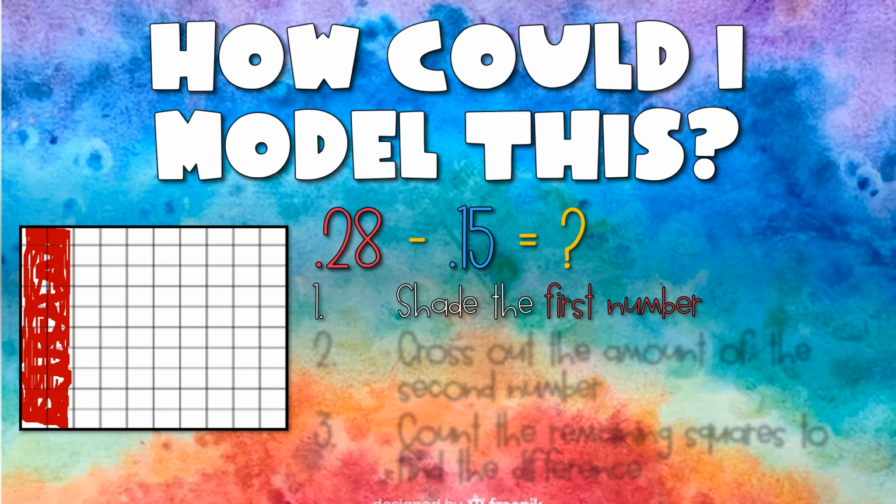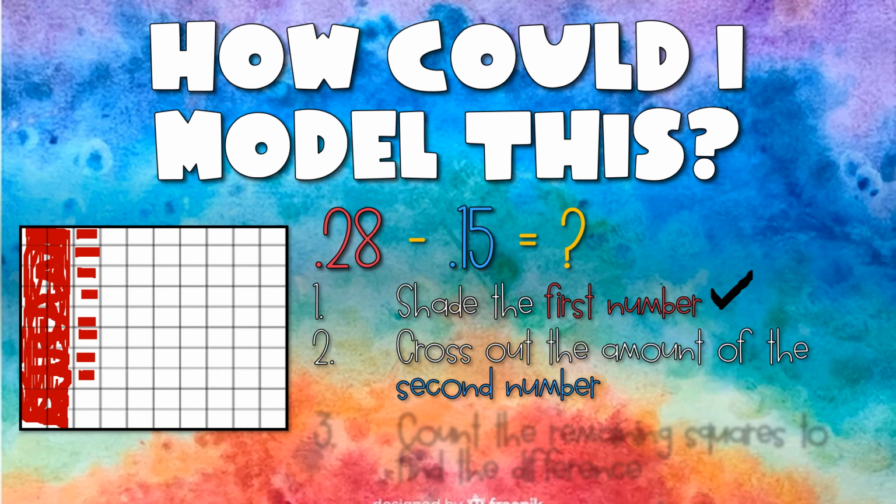Okay, so I have 2/10 shaded. Now I need to shade 8 hundredths. So that's going to be 1, 2, 3, 4, 5, 6, 7, and 8. Okay, so we have the first number shaded. We have a check there. All right, and the second step is to cross out the amount of the second number. So I'm going to cross that out.